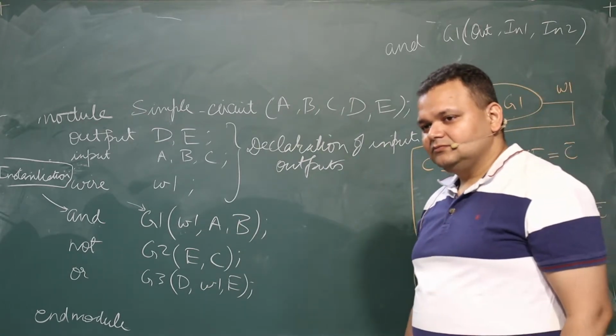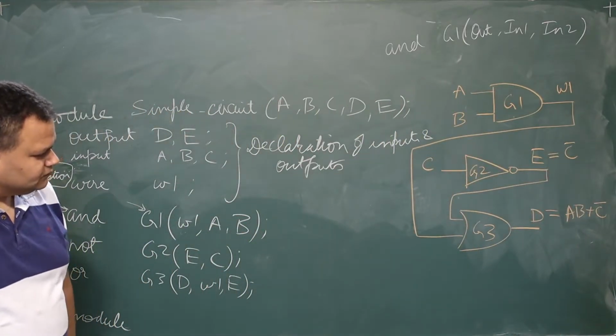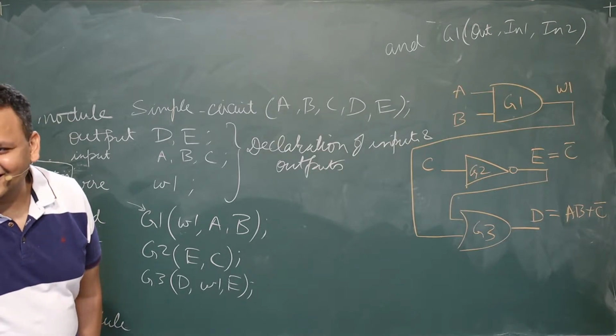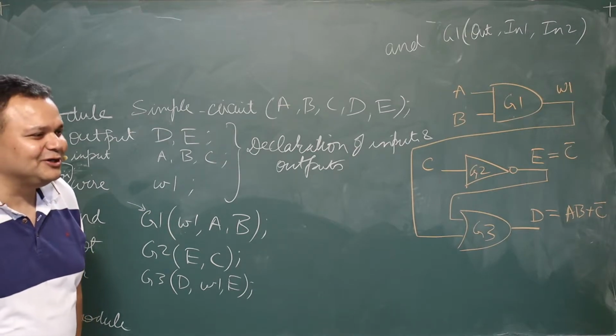Sir, can we also have 3 inputs to an AND gate? Yes, that is the method behind the madness: the output is defined first.